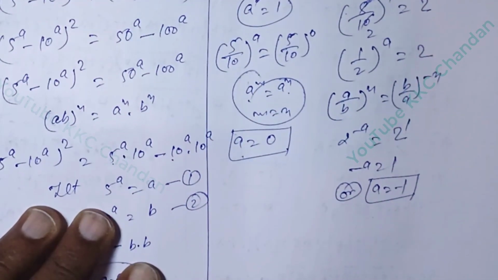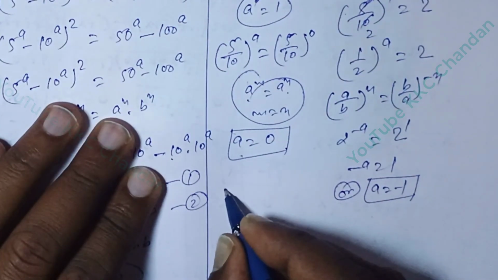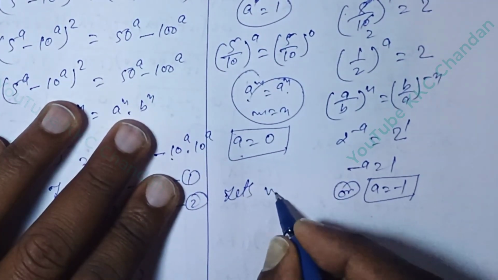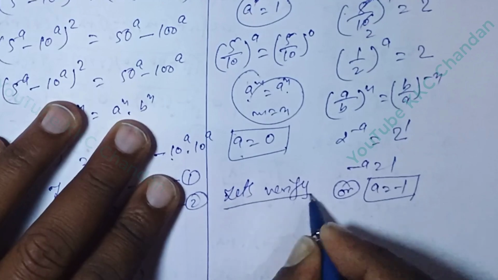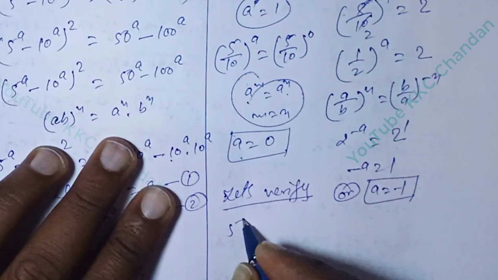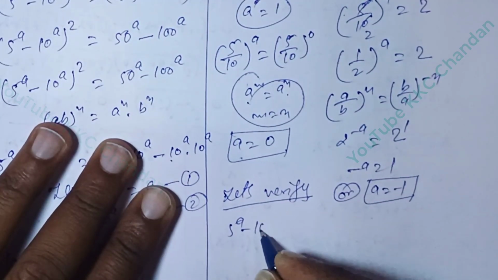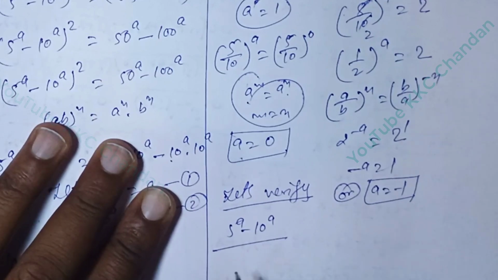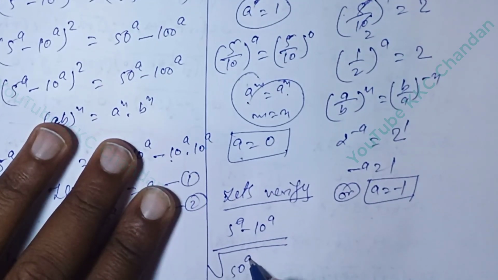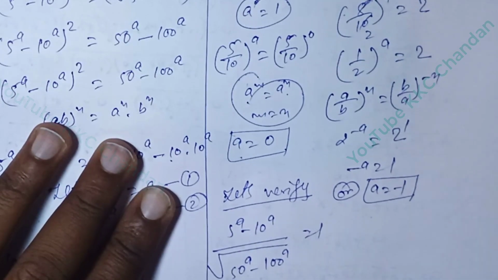Next step, let's verify. According to the question, (5^a − 10^a) divided by √(50^a − 100^a) is equal to 1. Here a is equal to −1.